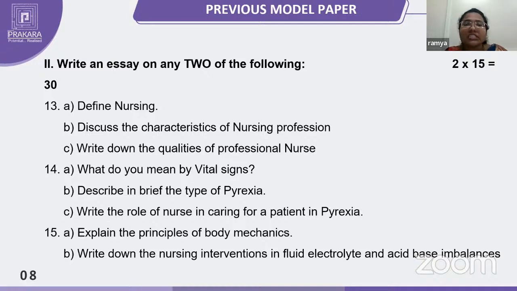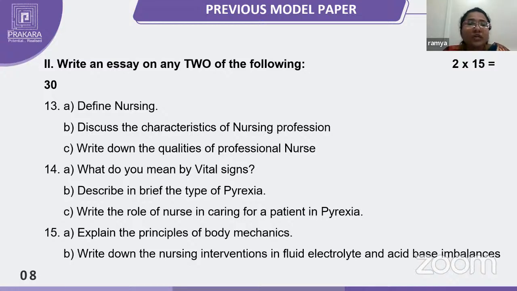When we come to section 2, that is Roman 2, here they will be giving essay answer questions. In this section, you write an essay on any two of the following. They have given 3 questions, question numbers 13, 14 and 15.